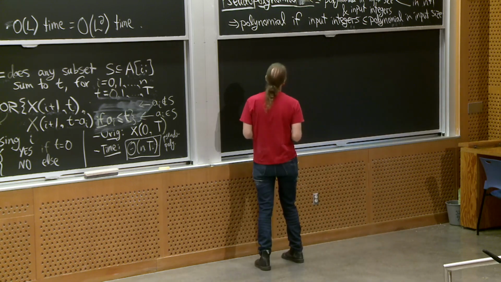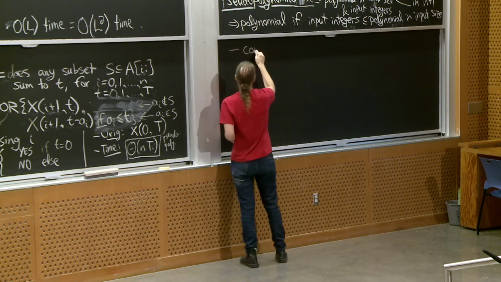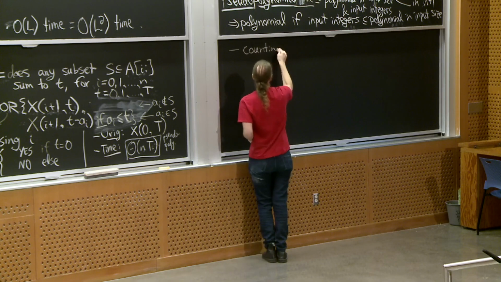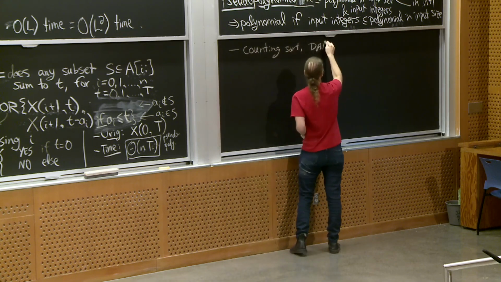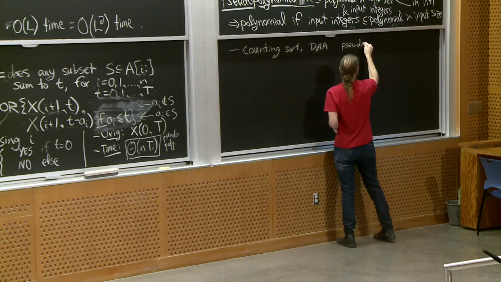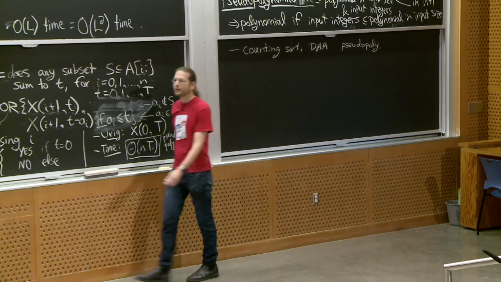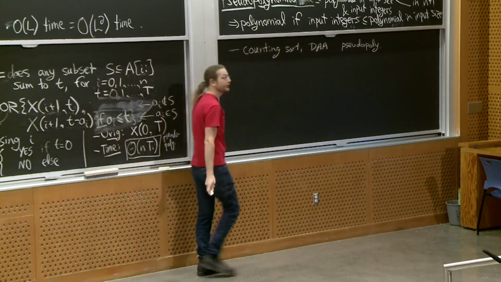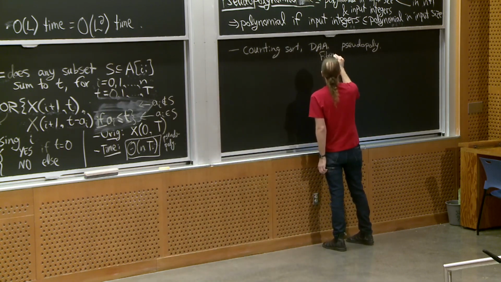And let's see. In particular, other structures we've seen, like counting sort and direct access arrays, are also pseudopolynomial. Any others? Radix sort. Yes.